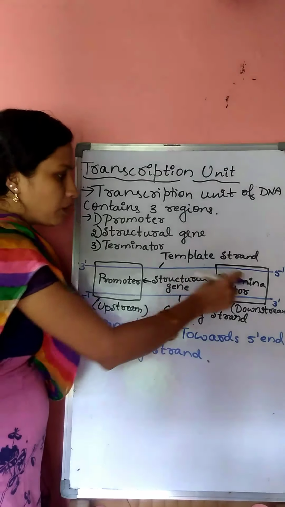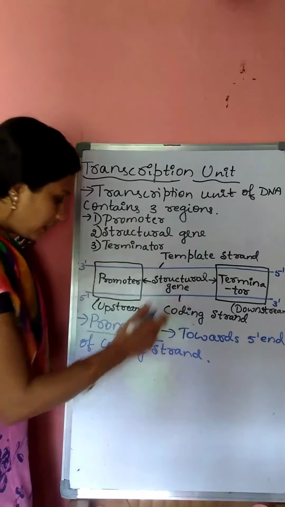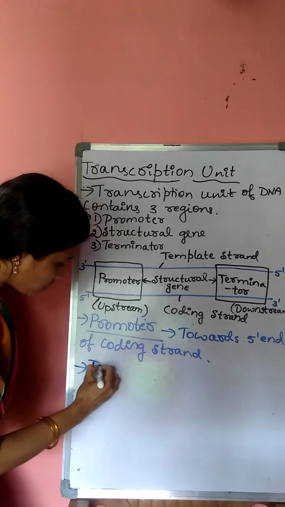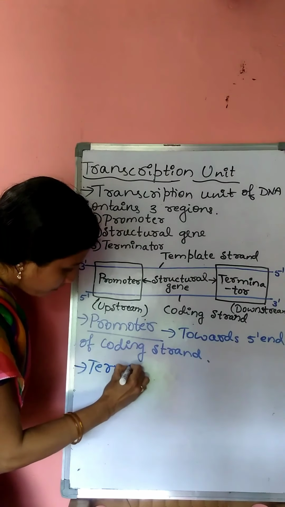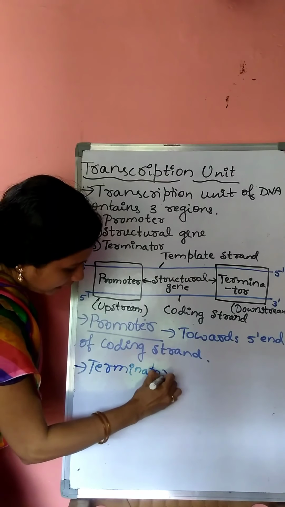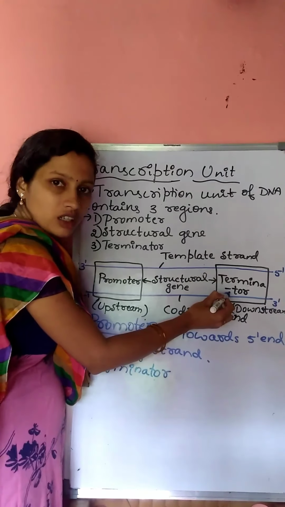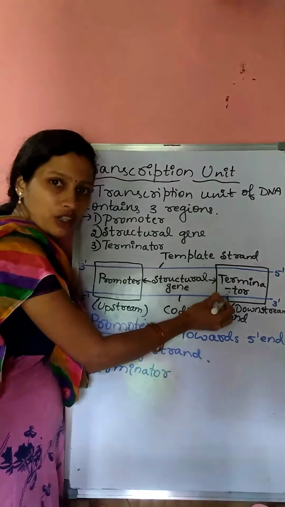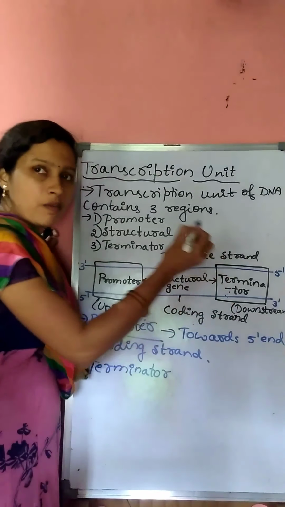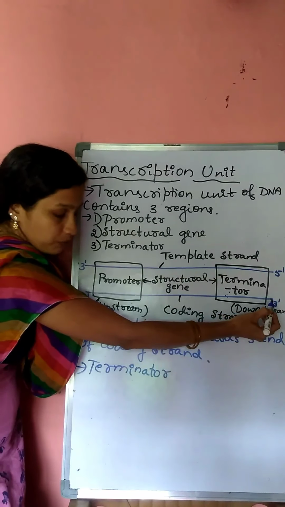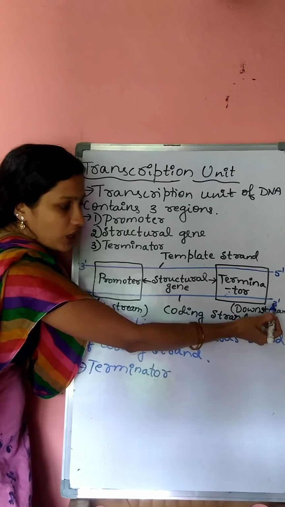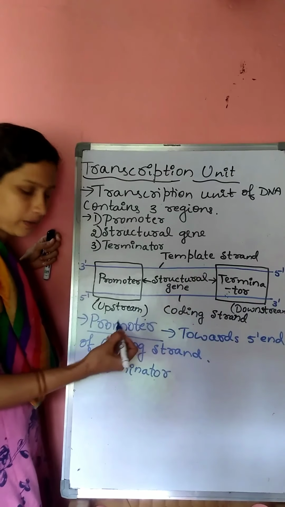Then the terminator. Terminator is the site or point which is present towards the 3' end of the coding strand.